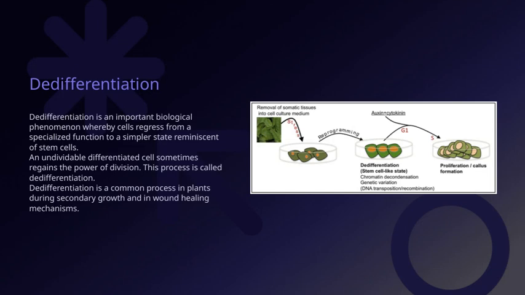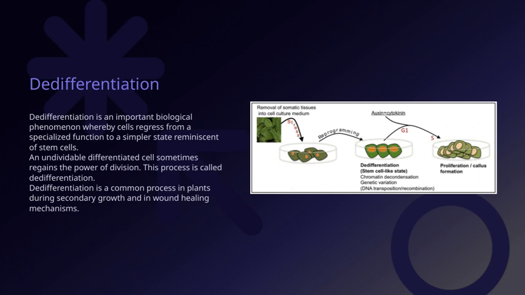Let's talk about dedifferentiation, which is a fascinating biological process. Essentially, it's when cells that have become specialized or differentiated lose some of that specialization and revert back to a more primitive, stem-like state. This means they regain the ability to divide again, even if they previously couldn't.